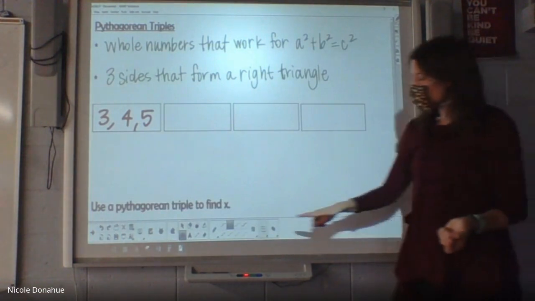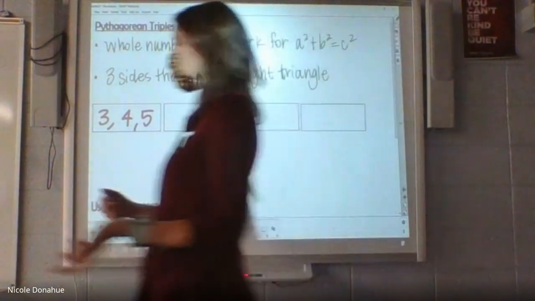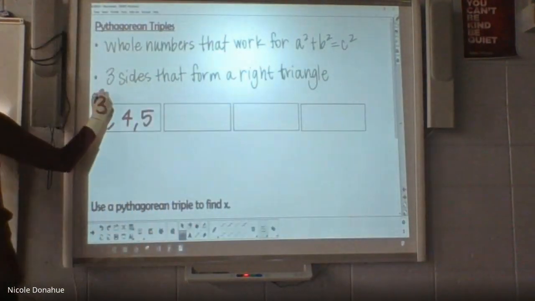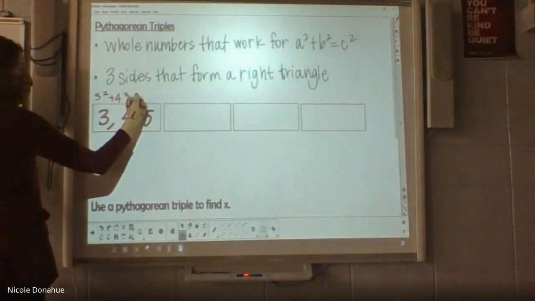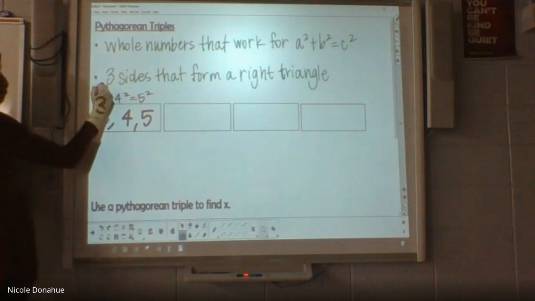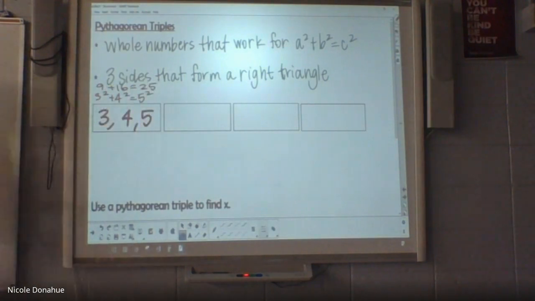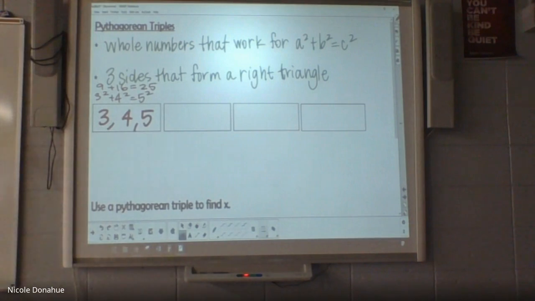The reason this works nicely is that 3 squared plus 4 squared equals 5 squared. So 3 squared is 9, 4 squared is 16, and 5 squared is 25. So 3, 4, 5 is always going to form a right triangle.